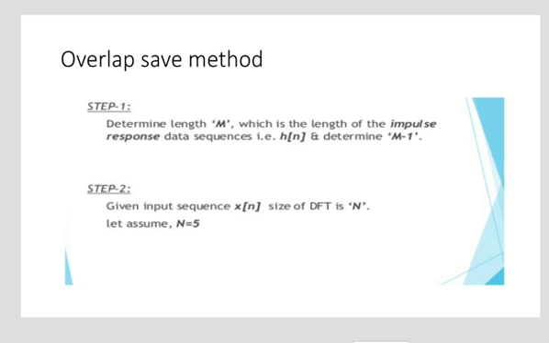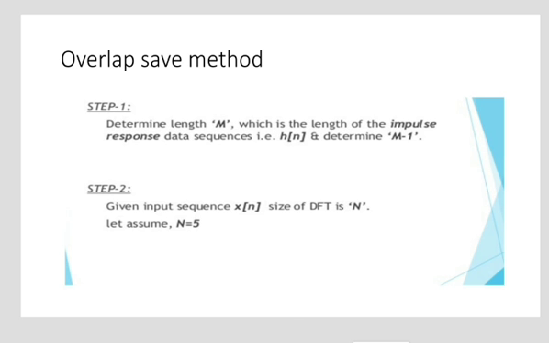Since the data record is of length N, the first M minus 1 points are corrupted by aliasing and must be discarded. The last L points of ym of n are exactly the same as the result from linear convolution.